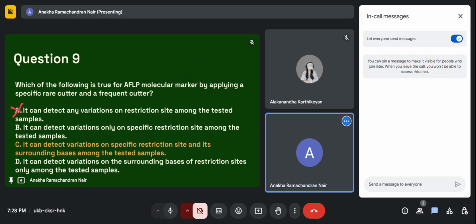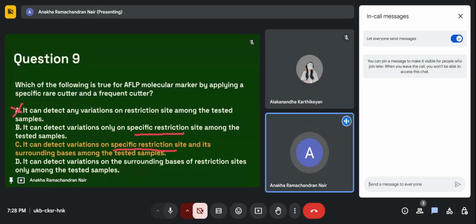Option B is it can detect variation only on specific restriction site. Till that point, it is correct among the tested samples. But option C is telling you that it can detect variation on specific restriction sites, depending on whichever restriction enzyme you're using, and its surrounding bases, right?